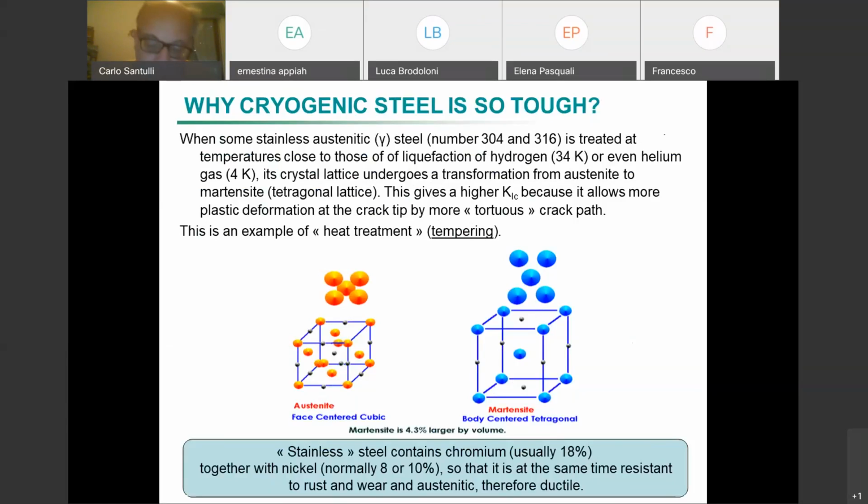Martensite is a transformation of austenite. It's an elongation of the lattice of austenite. So you start from that cube and you get to a tetragon. So it's elongated and larger by volume, and it is still body centered.